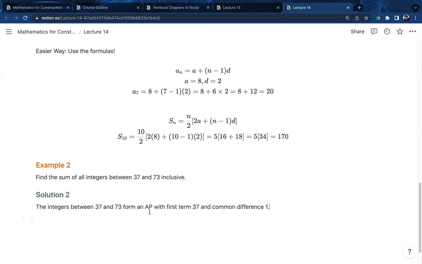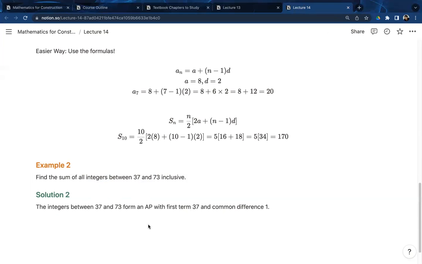So convince yourself about this. It goes 37. Remember what an integer is. Integers are the counting numbers, and they say between 37 and 73 inclusive. So that's 37, 38, 39, going up the road.